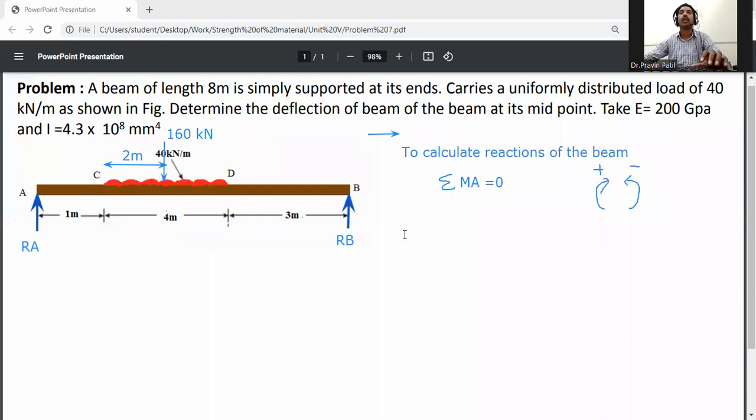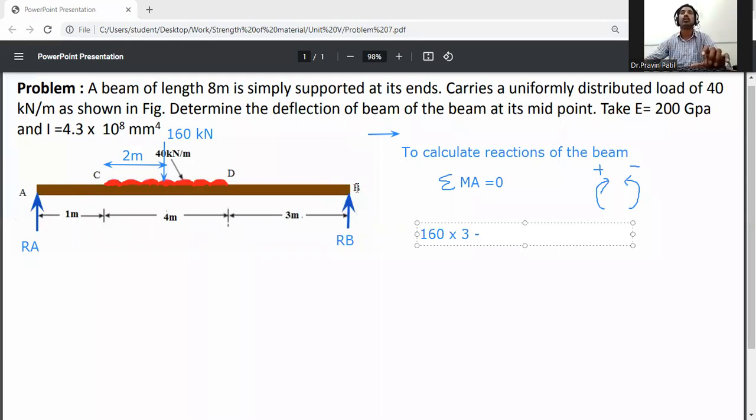So take moment at A. When the moment is clockwise, we take it positive. So 160 into the perpendicular distance, 2 plus 1, which is 3 meter. It is rotating in the clockwise direction, so I have taken it positive. Second, minus RB.